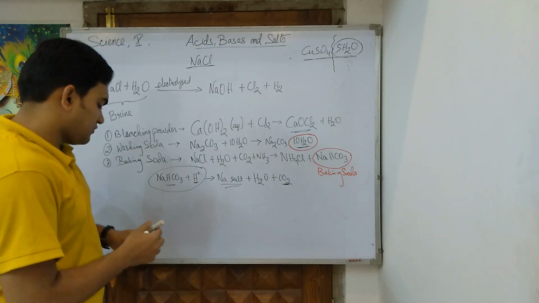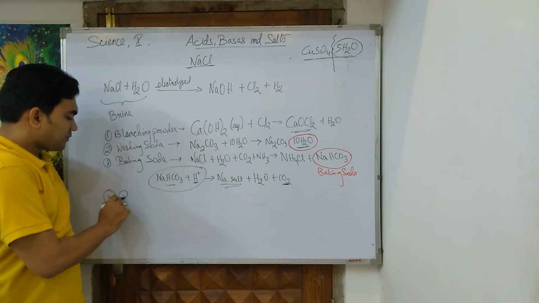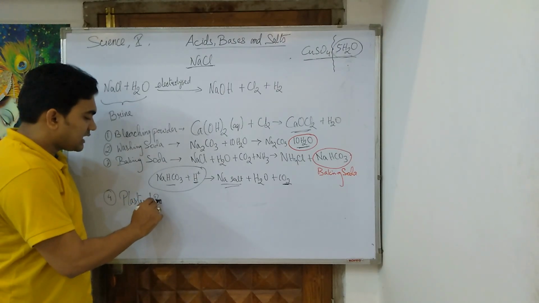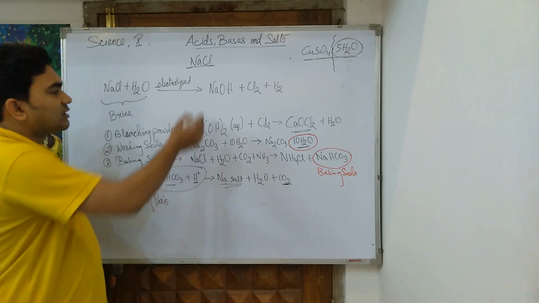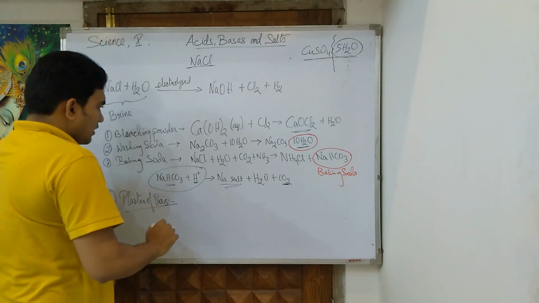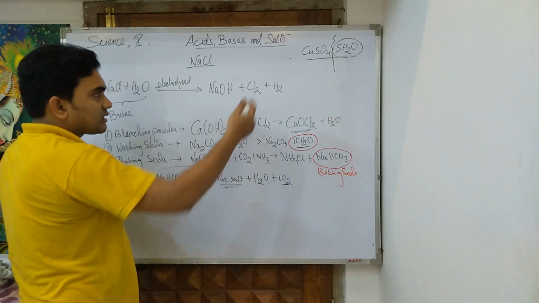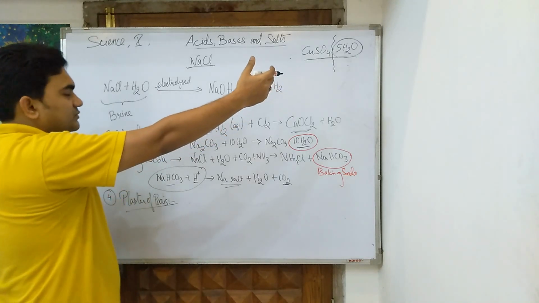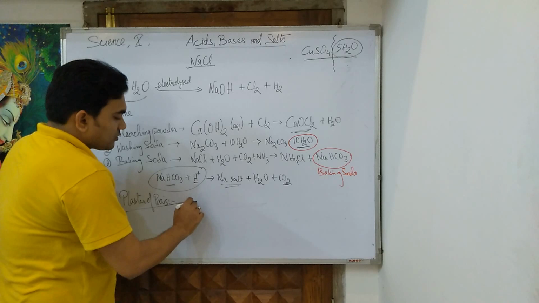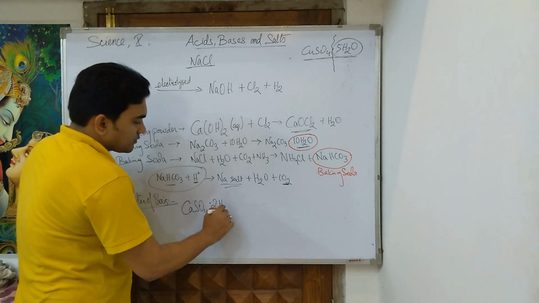Now the other very common thing that we have come across is plaster of Paris. Plaster of Paris is again a byproduct of NaCl. How? Through various processes, let us combine the example of water of crystallization also. There is a compound called gypsum, calcium sulfate dot 2H2O.